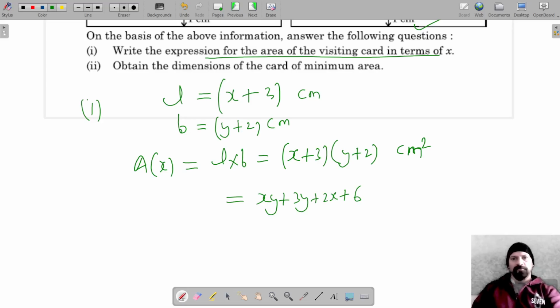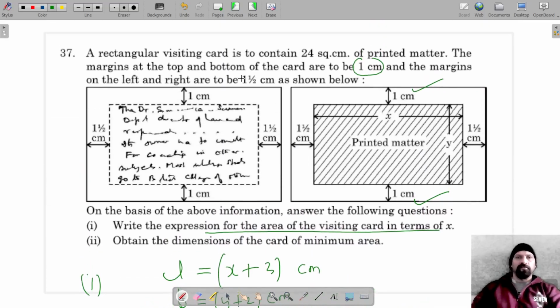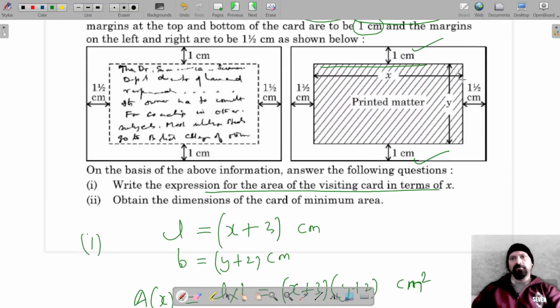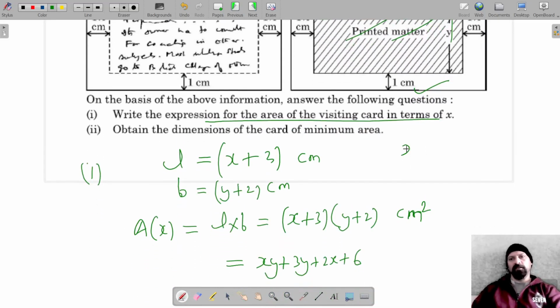Now, it's given that the printed matter's area is 24 square centimeters. So this is the printed matter. Its length is x and breadth is y, so its area is xy, which is given as 24 centimeters square.